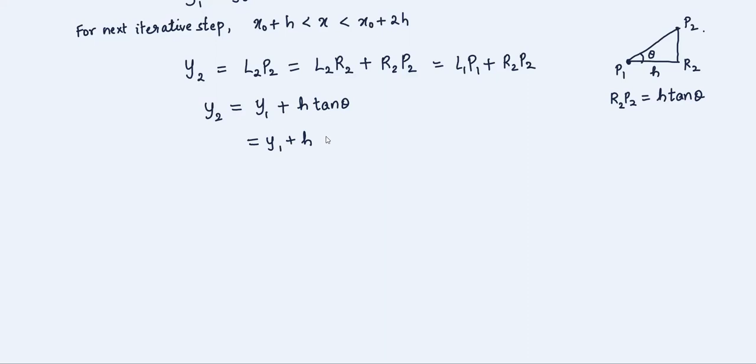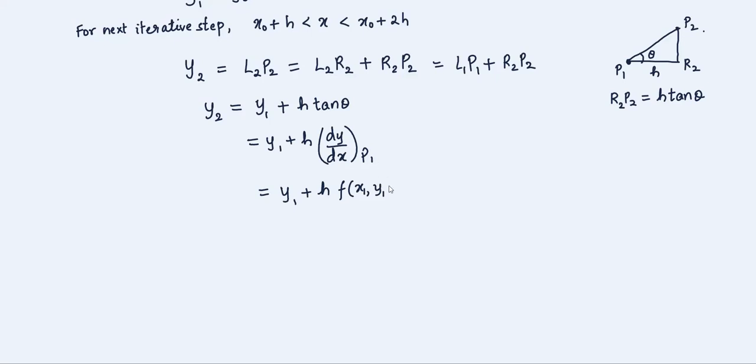So tan theta is dy by dx at P1. So we get y1 plus h times dy by dx, which is an expression f of x comma y.